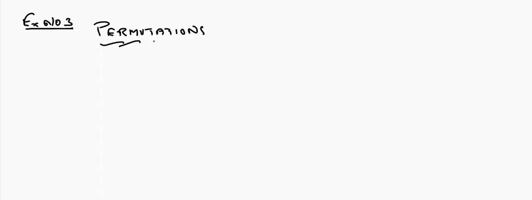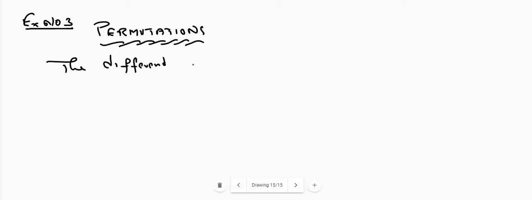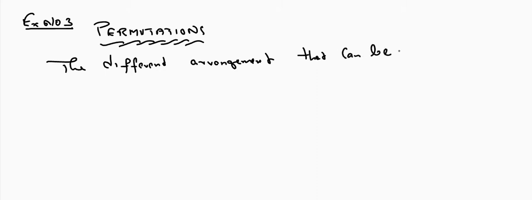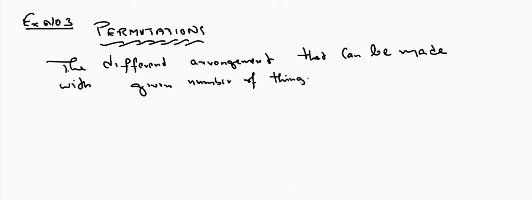Permutations means arrangement. The different arrangements that can be made with a given number of things, taking some or all of them.